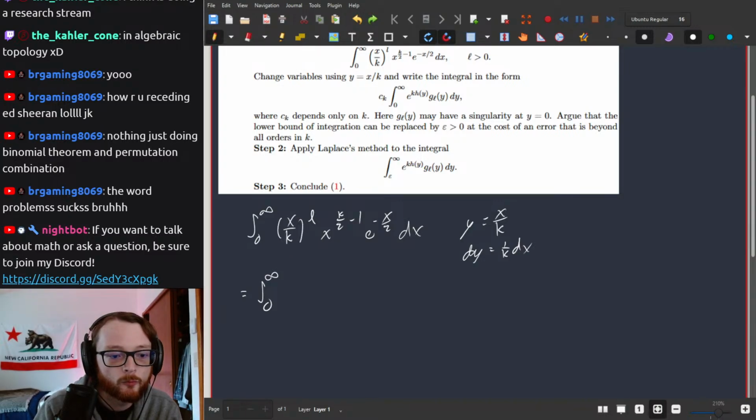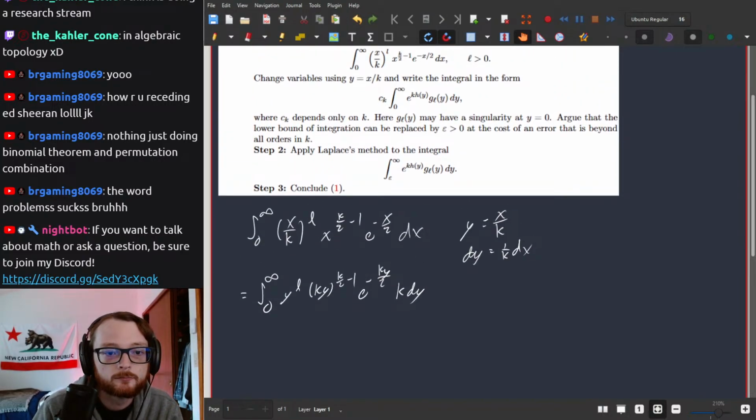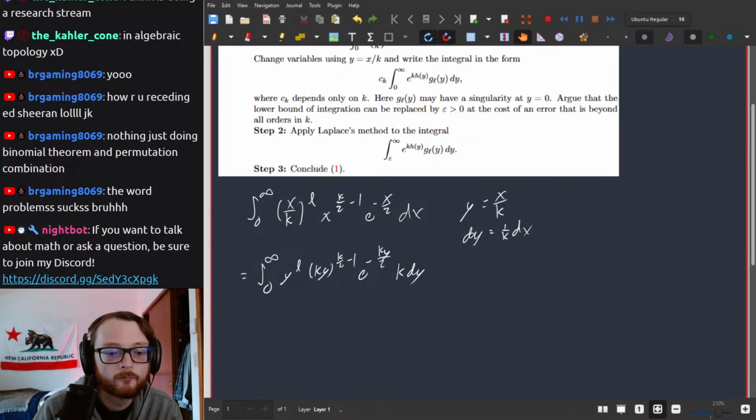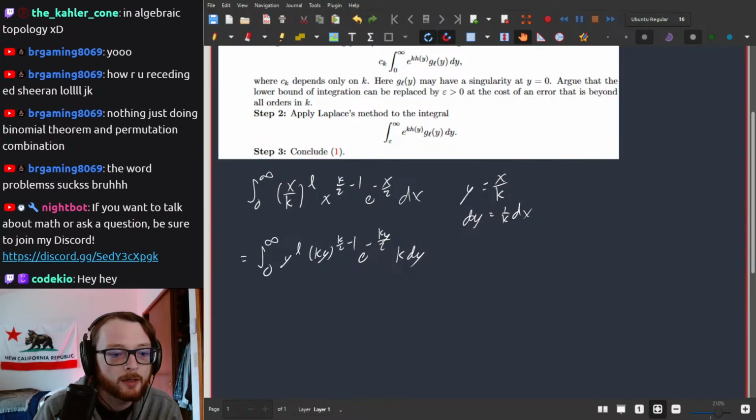This x over k becomes y. That x becomes y times k, ky. E to the minus, this x becomes ky, times k dy.